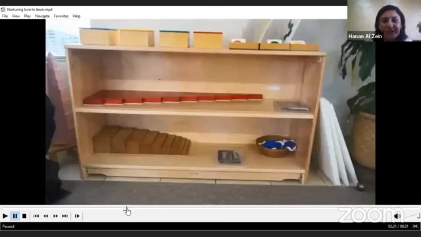And now we're going to see how materials themselves give corrective feedback, how students control their error, how students correct themselves without the teacher pinpointing that this is wrong, correct it. No, children by themselves find out their errors and correct them.